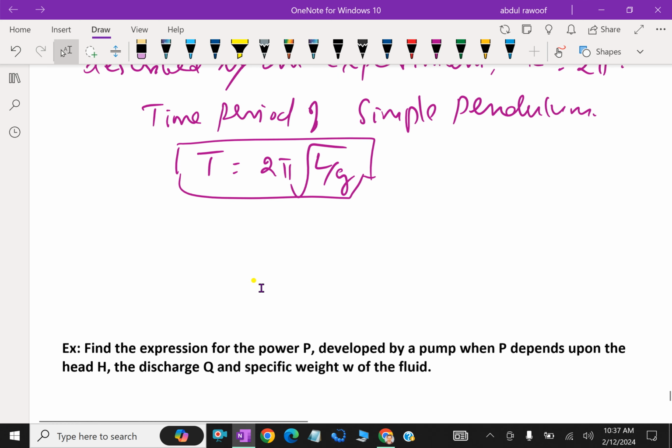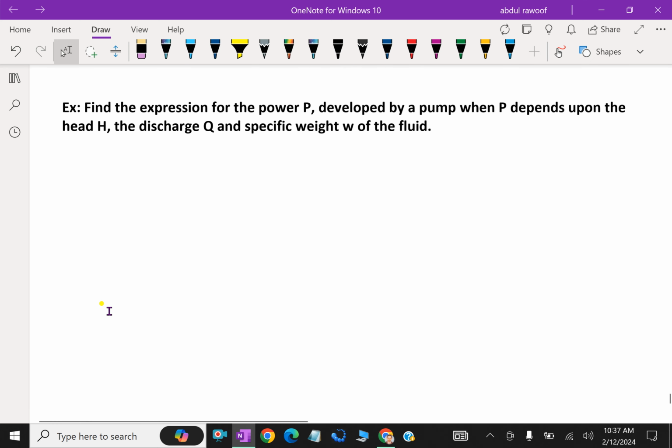Then next question: find the expression for the power P developed by a pump when P depends upon the head H, the discharge Q, and specific weight W of the fluid.